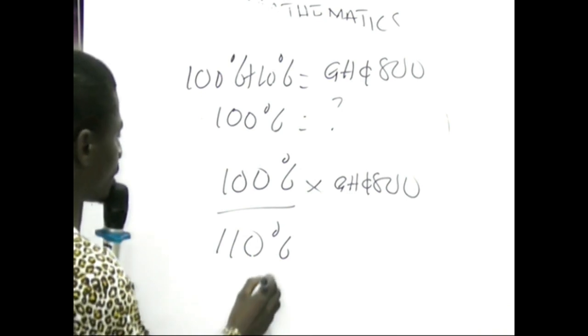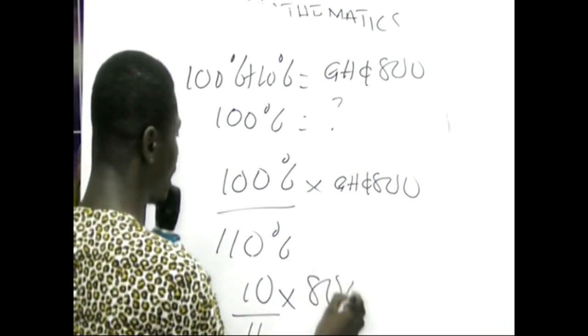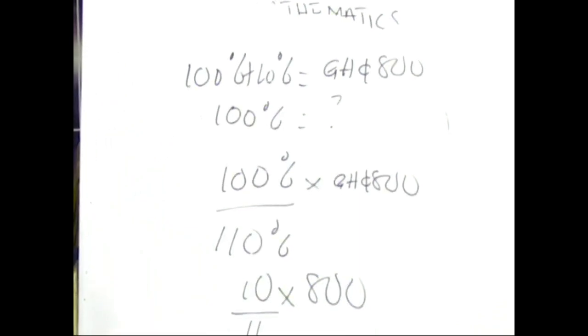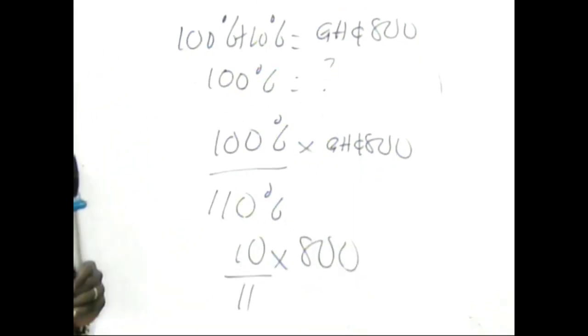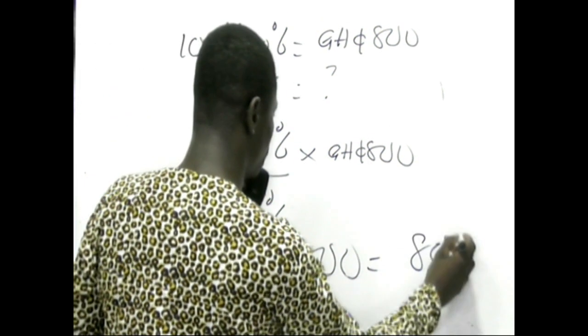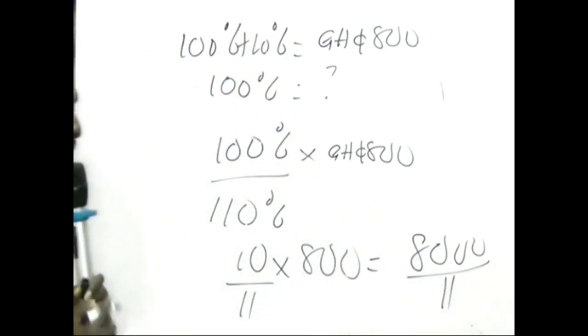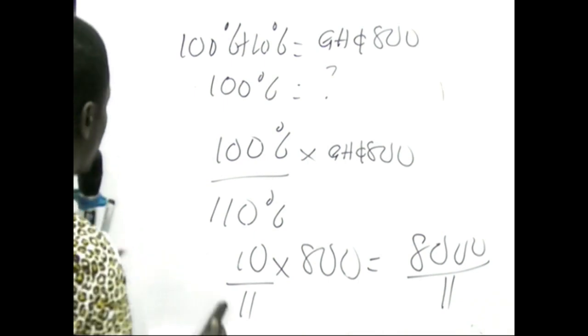So we now have 10 out of 11 times 800 cedis. If you multiply this by this, we are going to get 8,000 divided by 11. And so quickly we are going to do some long division there.